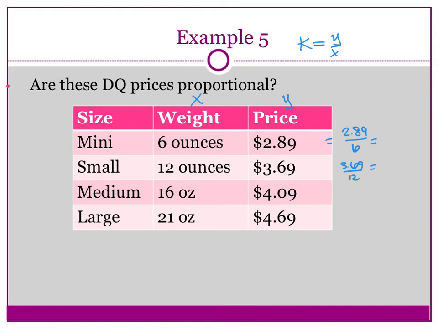If I divide these out, the first one gives me 0.48, and the next one gives me 0.3075. Since the first two aren't even the same, I do not need to look any further, and I'm just going to say no, these are not proportional.